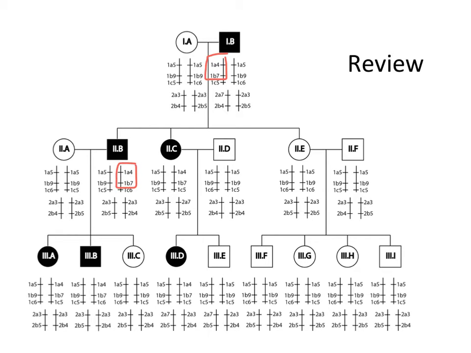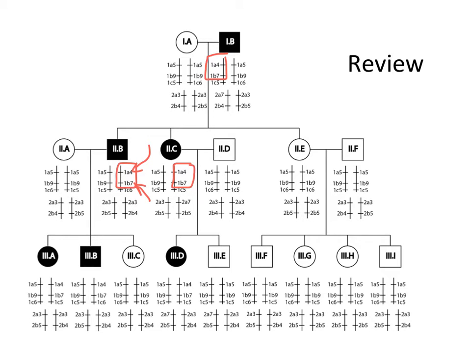And in this case, we discovered that everybody who has the allele size 4 at A, on chromosome 1, 1A4, and individuals that have the allele size 7 at marker B, locus B on chromosome 1, all seem to have this disorder.